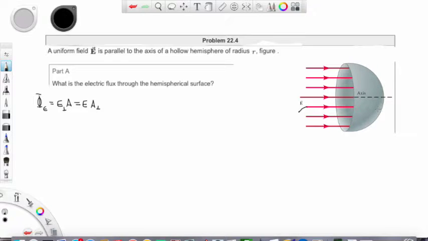And the area element will look something like this. Its projection to the plane perpendicular to the electric field isn't the same shape. It's some kind of a square that is plotted here on this imaginary plane that caps off the hemispherical shell.